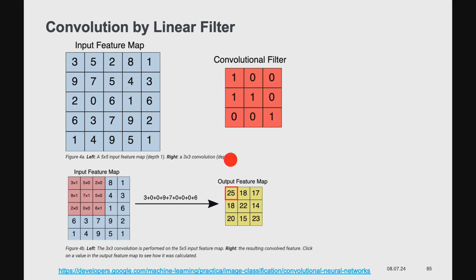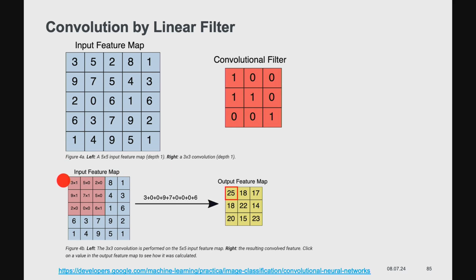And the idea of this filter is that we move this filter over our input feature map, over our image. This shows the first instantiation of applying this filter to this image. What does it mean to apply this filter? You take a particular weight, like this one, and multiply it with the corresponding position.